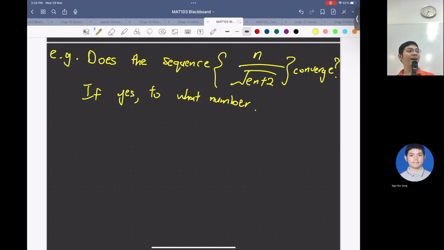Divide by n. 1 over n. Okay, divide by 1 over n. Let's see what we get.